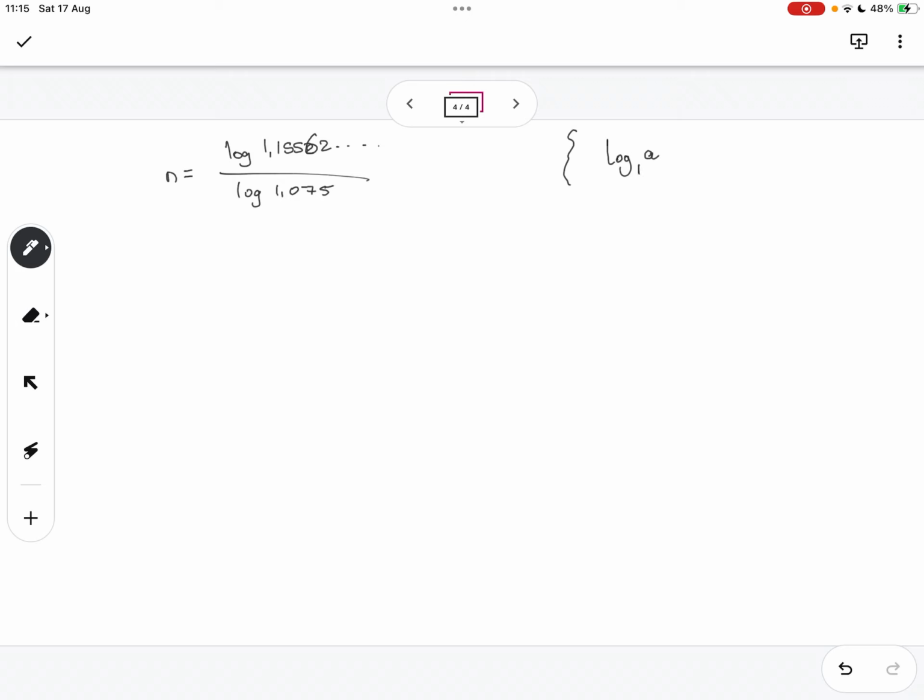Now this is because in logarithms, if we have log of a to base b, it is the same as the log of a to base 10 over the log of b to base 10, or to a different base, right?